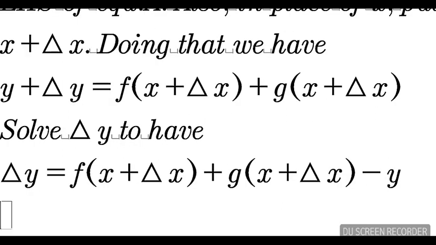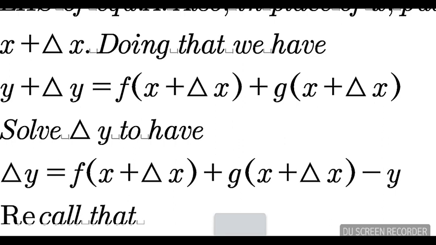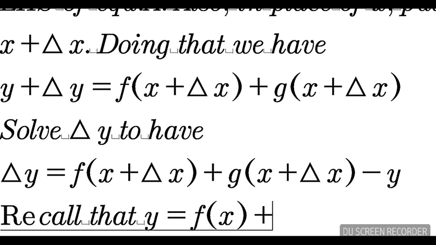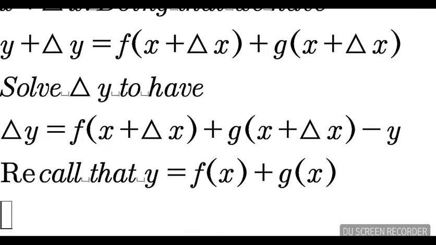Recall that y is given in our first equation as y equal to f of x plus g of x, since we are dealing with the plus sign. So in place of y, we substitute f of x plus g of x. At this point I will have to give this a name.